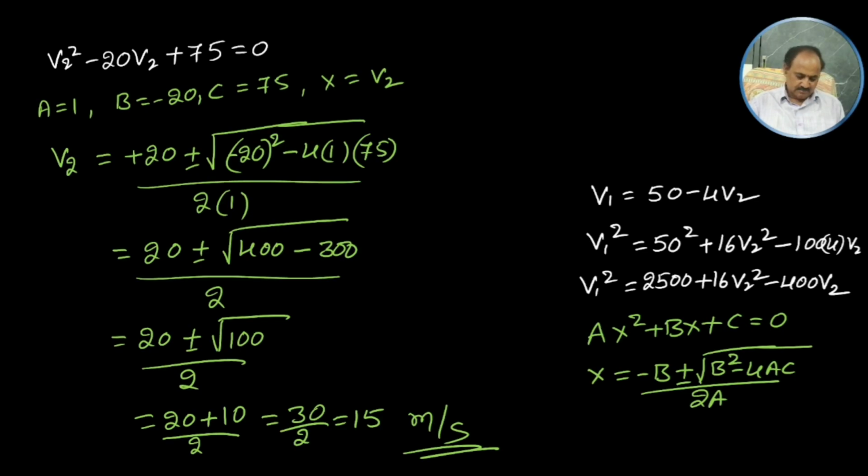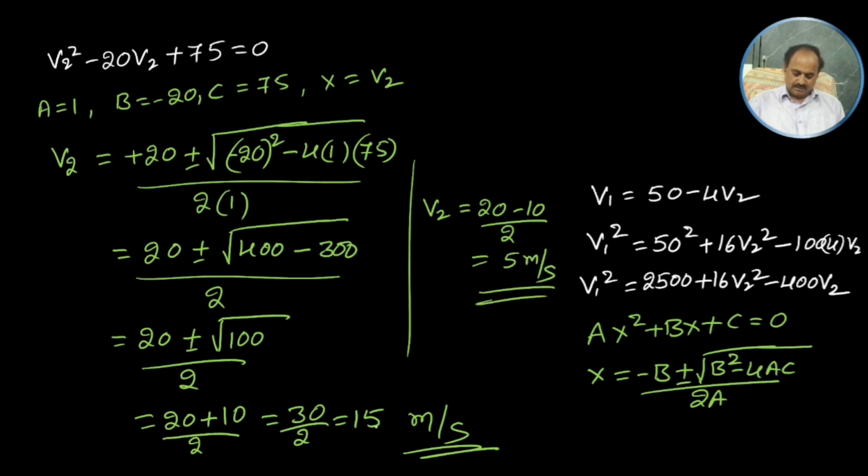Otherwise, the other case is with the minus sign: V2 equal to 20 minus 10, 10 by 2, 5 meter per second.